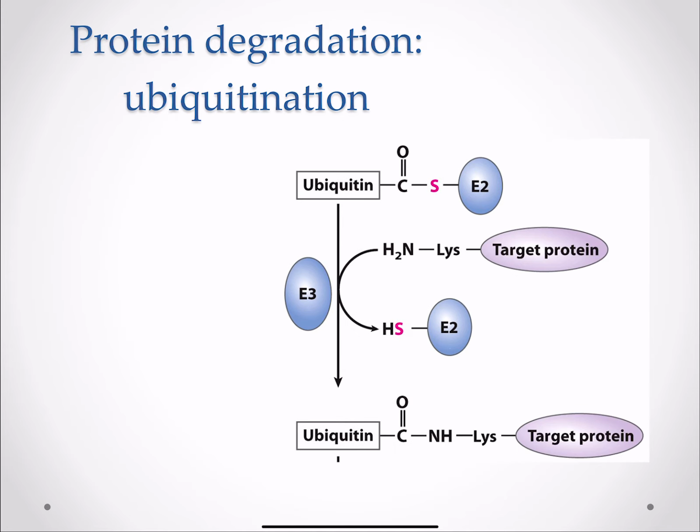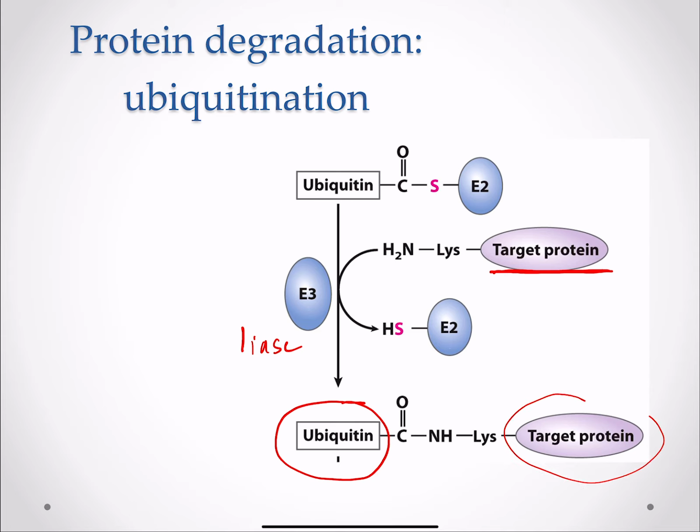Now your ubiquitin attached to E2 is then going to transfer your ubiquitin to a targeted protein. And enzyme 3 is the ligase that catalyzes transfer of ubiquitin from E2 to your targeted protein. And this is, of course, associated with lysine, that lysine residue.